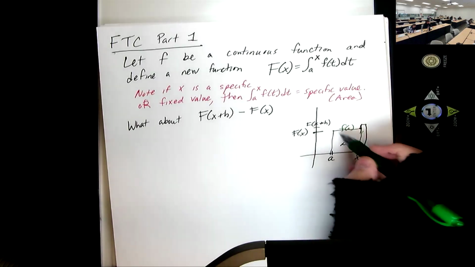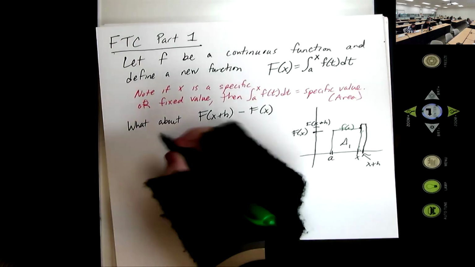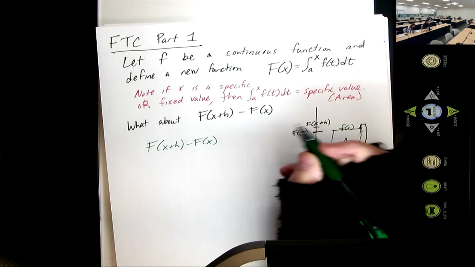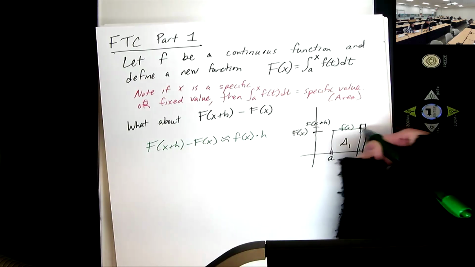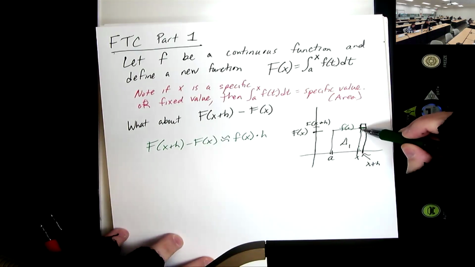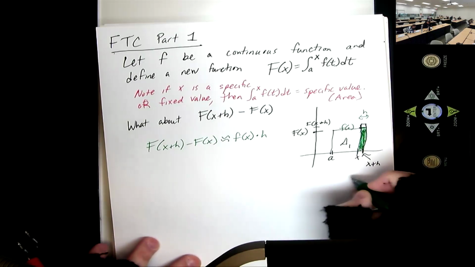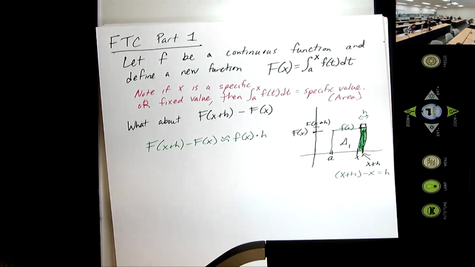If I subtract off this box here, it's approximately f of x times h, which would be this box right here. It doesn't go all the way up. It has a width of h, because x plus h minus x equals h. It's approximately that for small h.